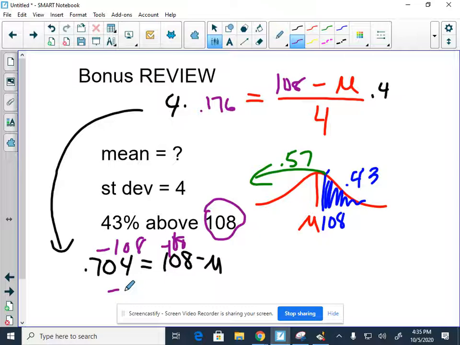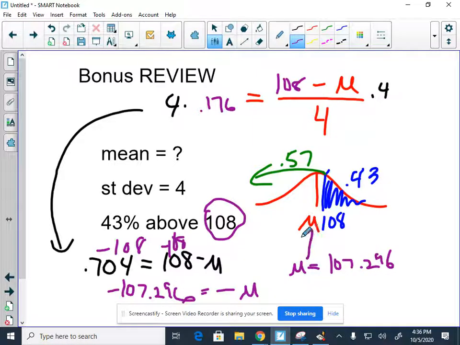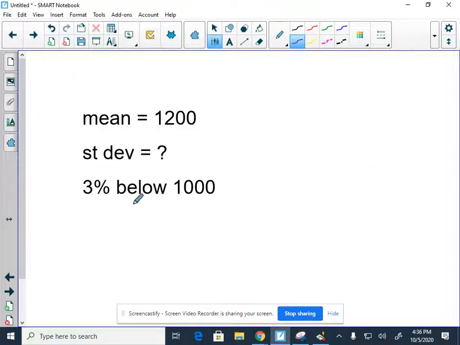And it gets me a negative 107.296 equals a negative mean. Well, then I'm going to make both sides positive, and my mean must be 107.296. It makes sense with my drawing right there. It's below the 108.